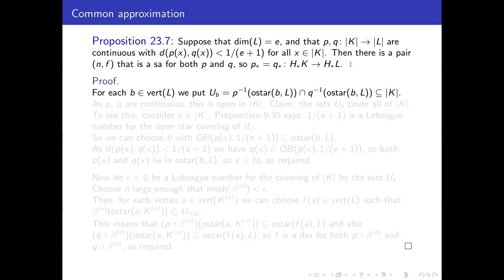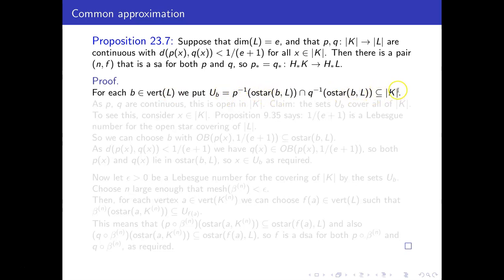Okay, so this is going to be another argument with Lebesgue numbers of appropriate coverings. For each vertex B of L, we're going to let UB be this thing here.